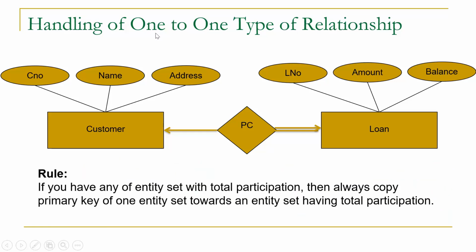So we can conclude that for a one-to-one type of relationship, if you have an entity set with total participation, then always copy the primary key of one entity set towards the entity set having total participation. In this case we copy the primary key of customer towards the loan table. This is all about the handling of one-to-one type of relationship.